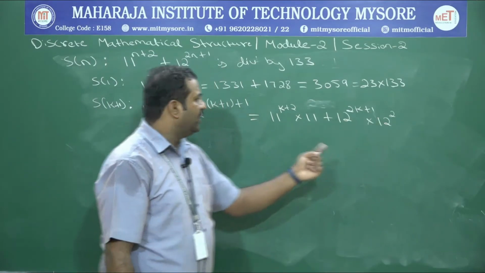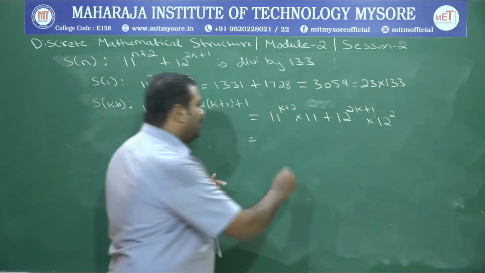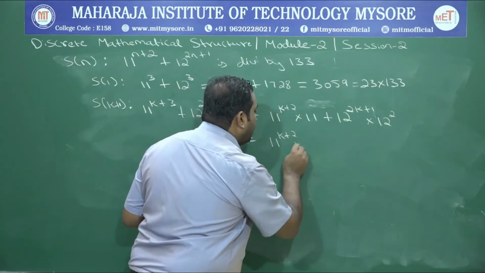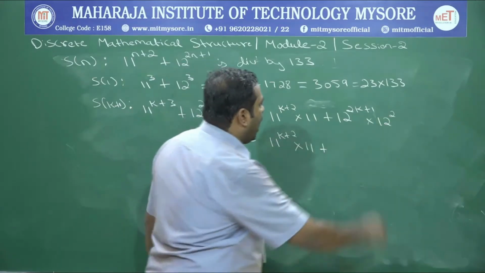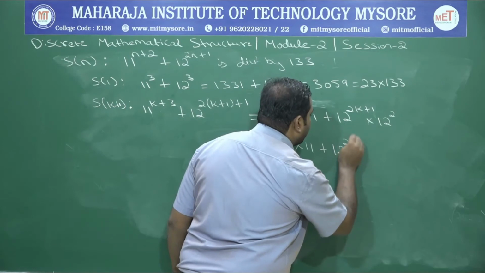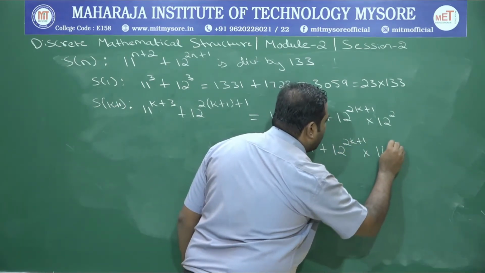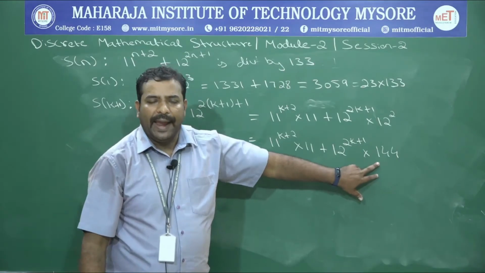Fine. Having this, I move on further: 11 to the power of k plus 2 into 11 plus 12 into 12, which is 144, so 12 to the power of 2k plus 1 into 144. This is the number I am going to end with.